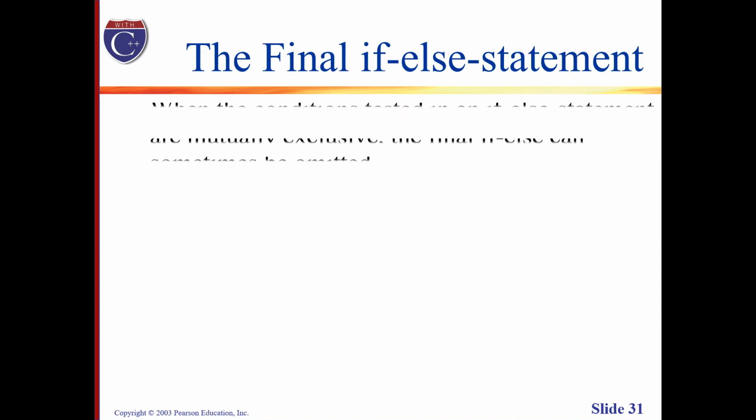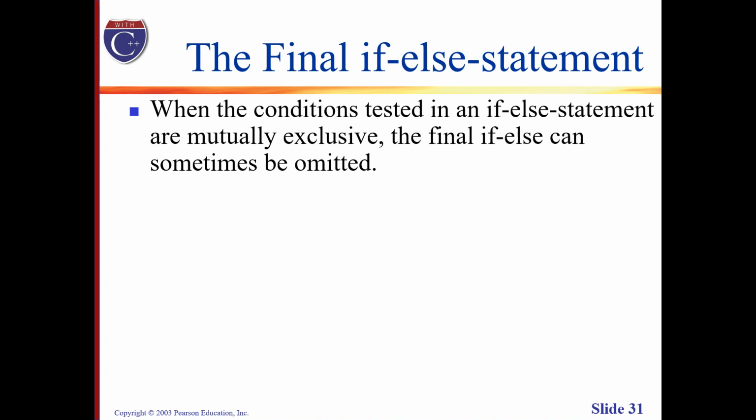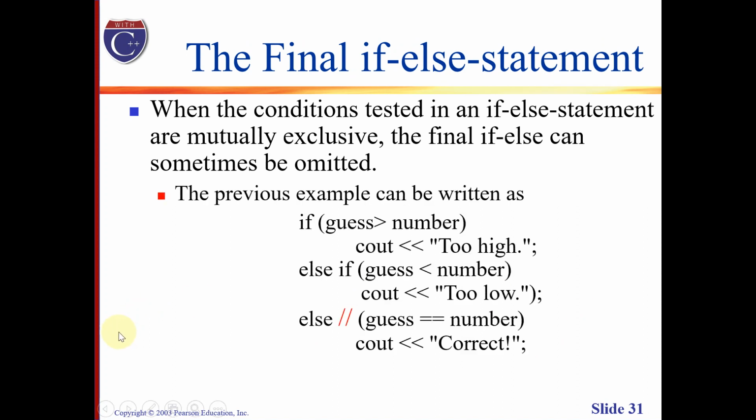So therefore, it tells us that when the conditions nested in an if-else statement are mutually exclusive, then there will be no need for us to include the final if-else statement, such as this one. In this case, we can simply get rid of the last Boolean expression since it's quite obvious that this would be the last possibility for our three conditions.